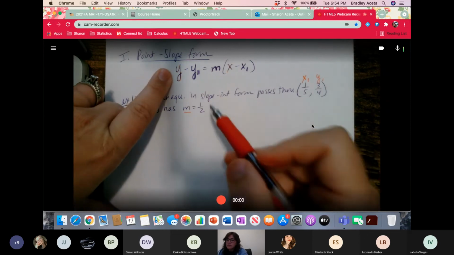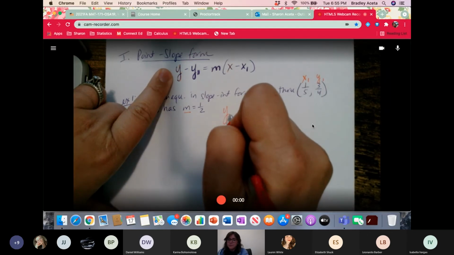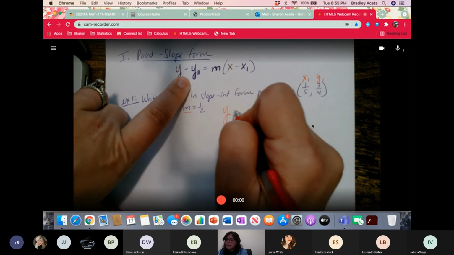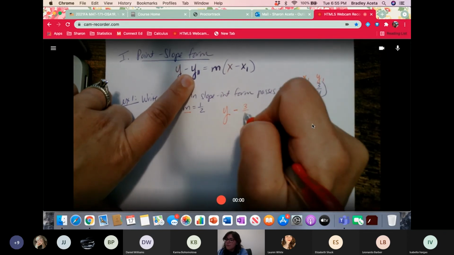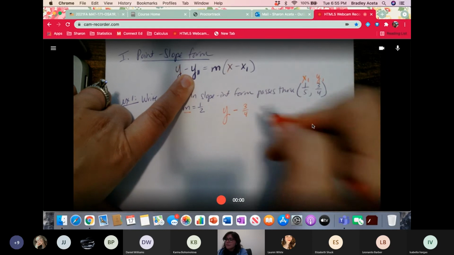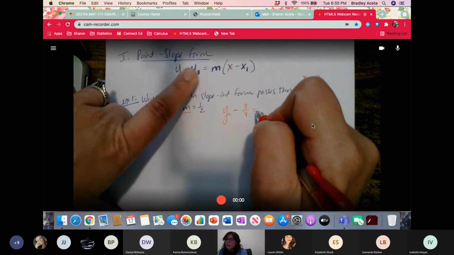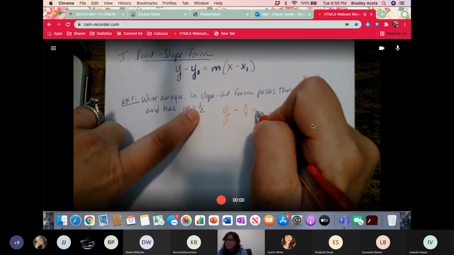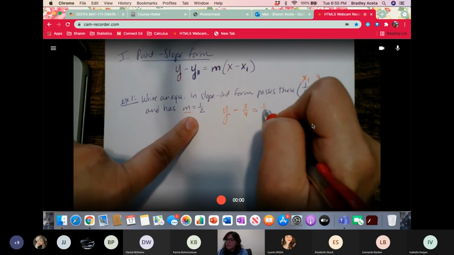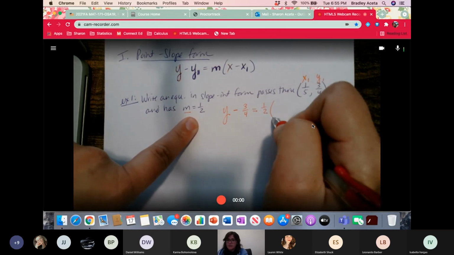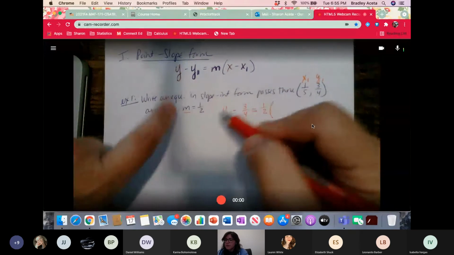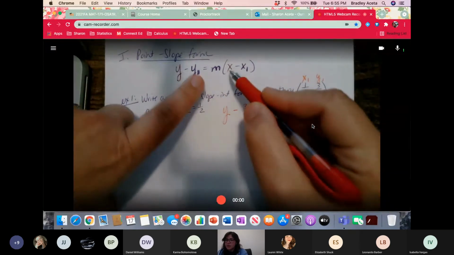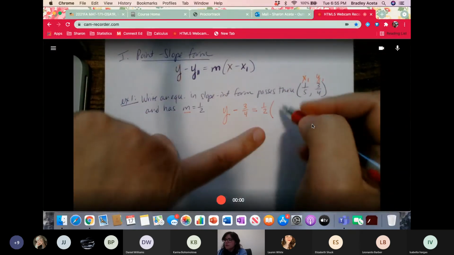So you're going to leave this first y as y, minus y1, you're going to put 3/4, equals. Then you're going to put an m. What's your m? Your m is 1/2. Parenthesis. You just follow it along. It's a formula. It's telling you what to do.